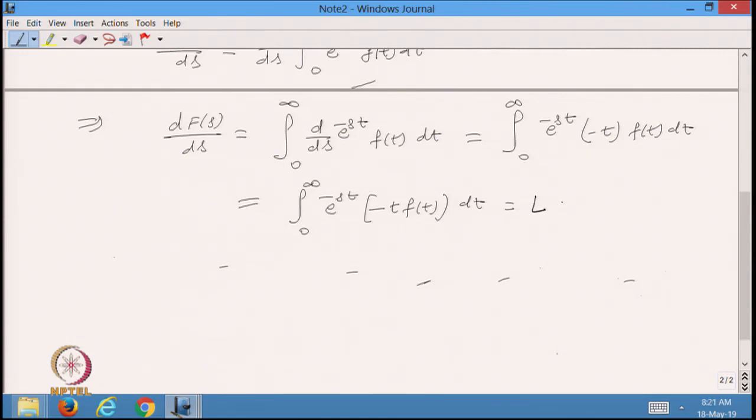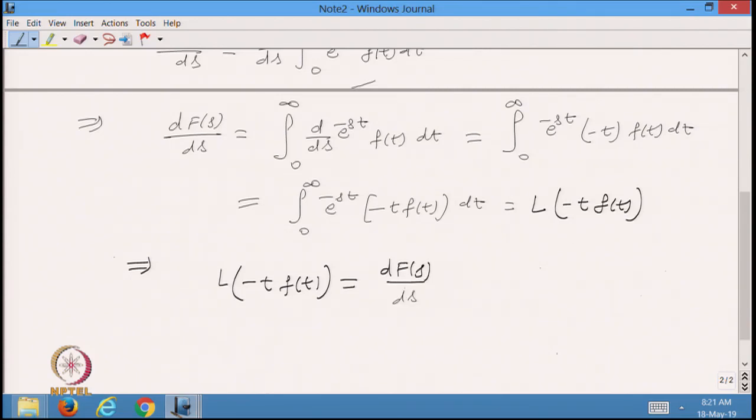This is the Laplace transformation of minus t f(t). So, I can say that the Laplace transformation of minus t f(t) is equal to dF(s)/ds, provided I already know the Laplace transformation of f(t).